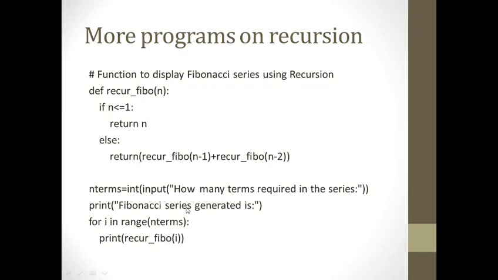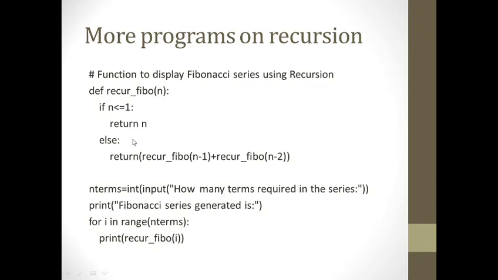The base condition on the basis of which the loop shall execute is defined as a number less than or equal to 1. Here this is the base case, if n is less than or equal to 1. Otherwise, the function call is made recursively with the argument as the number minus 1, added to the function called recursively with the argument as the number minus 2.